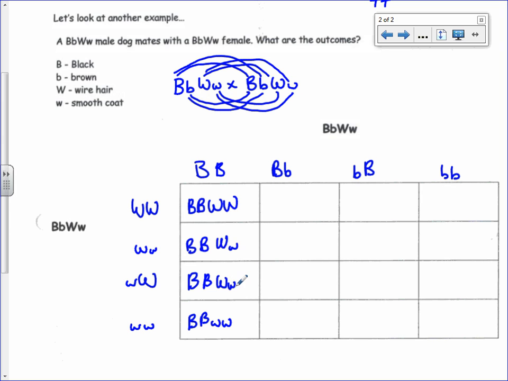Okay, these are supposed to be heterozygous. This one doesn't look that tall, but it's supposed to be. And then remember, it's customary to put the dominant first. So this is also a heterozygous combination. This one is homozygous recessive. All right.